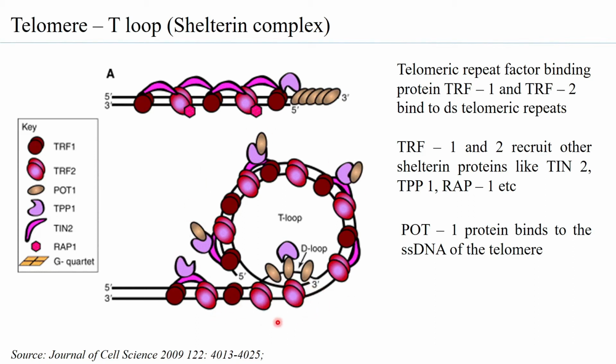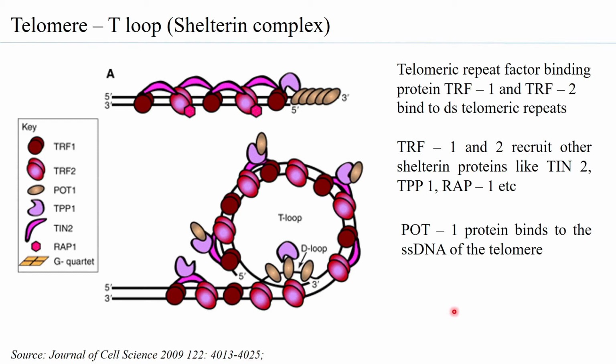So obviously, two things are very clear. One is that because of the formation of the T-loop, you do not have a free end or a free overhang. The overhang itself is binding with the telomeric region to form the loop. So it is more protected, correct? You don't have a free end that can be attacked by any exonuclease.